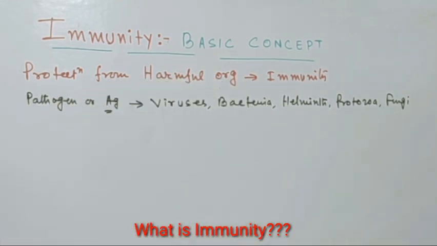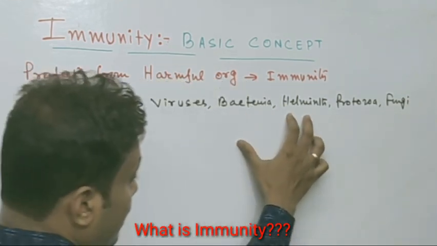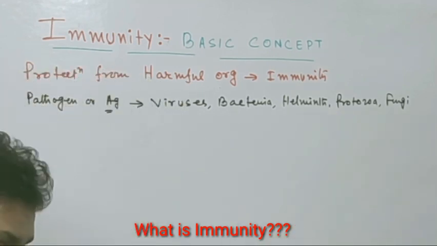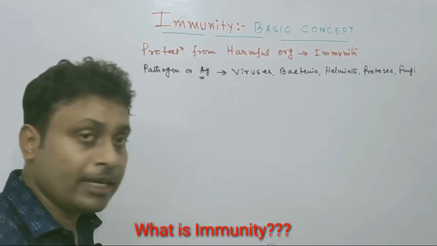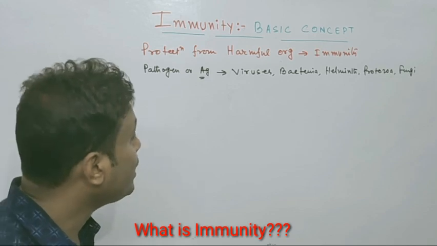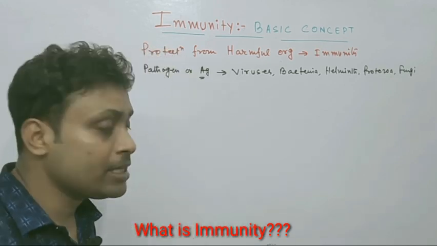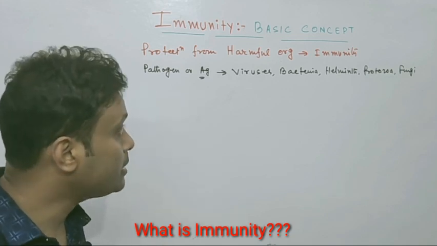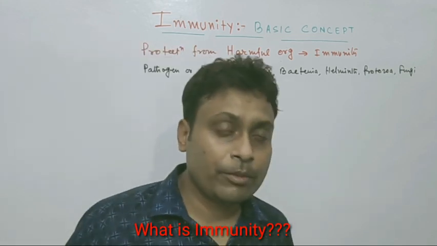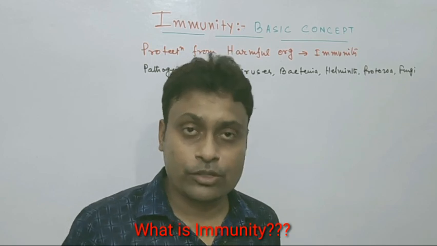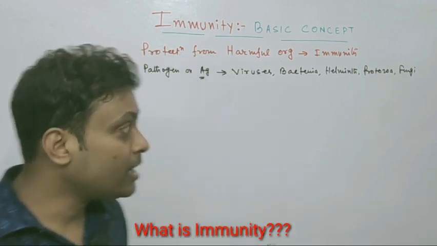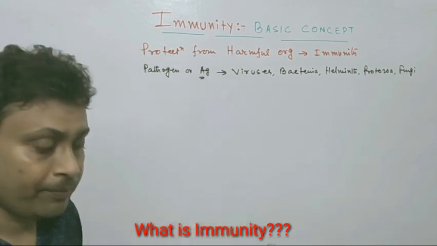When viruses, bacteria, helminths, protozoa and fungi enter into our body, they may cause various types of disease. That is, when viruses enter into our body, they can cause viral disease. When bacteria enter into our body, they can cause bacterial disease, and so on. So these are considered as the pathogen or the antigen.